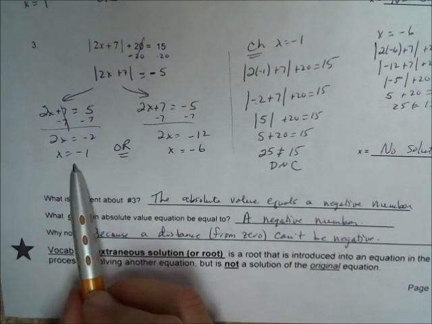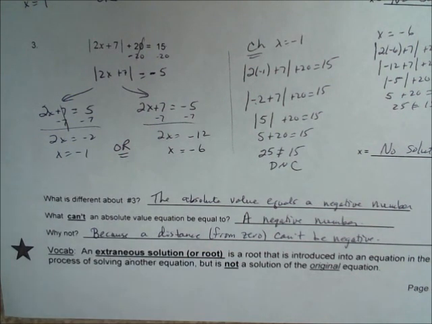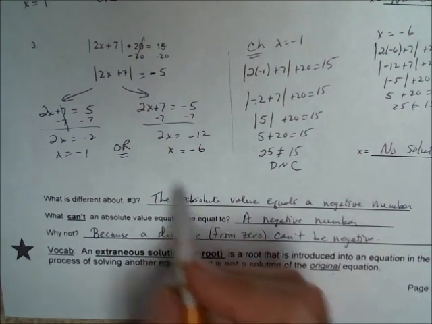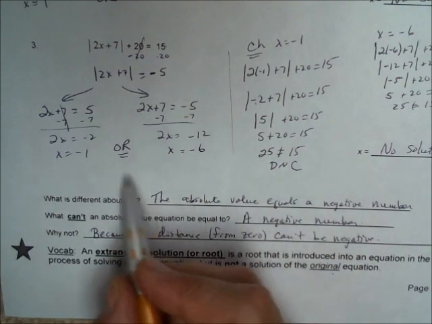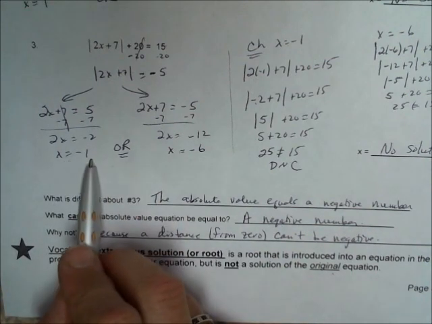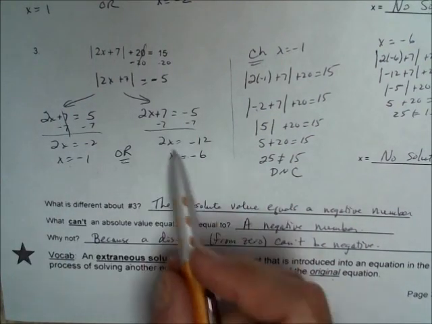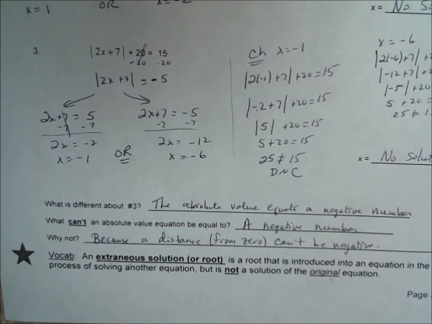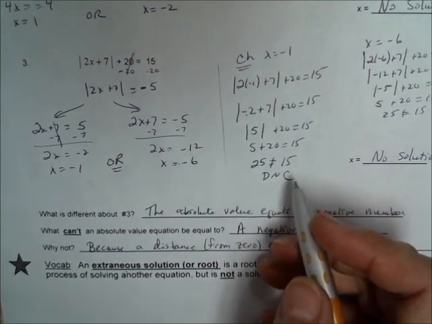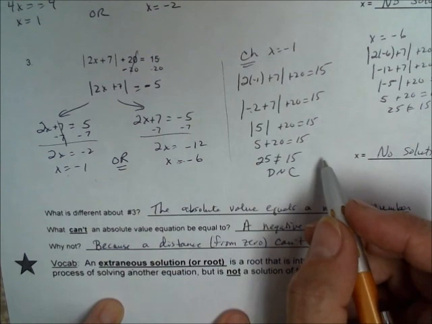So what we've done here is we've introduced a couple of solutions in there, but it is not the solution of the original equation. Like when we were doing all this algebra here, we introduced these roots into our equation. We thought -1, -6, or +1, -2 were solutions, but then when we checked them in the original equation, they didn't check. So when something does not check, these are called extraneous solutions.